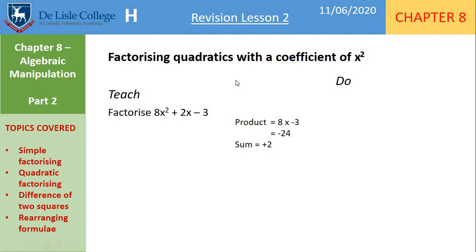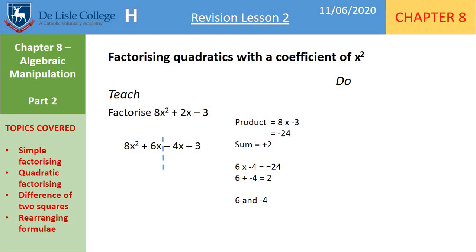And we still want a sum of 2 from that middle term, or the coefficient of x. So thinking of the factors of negative 24, that's going to be 6 and negative 4. And then if we add those, we will get 2, which is what we wanted. So we're going to split that middle term, that 2x is going to become 6x and take away 4x.